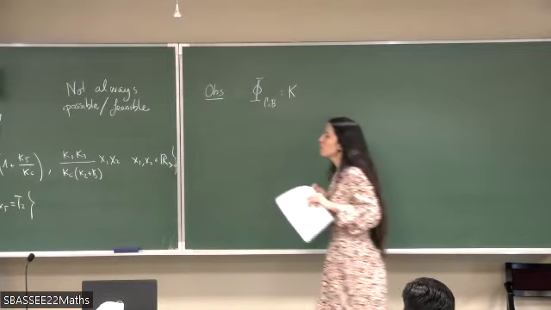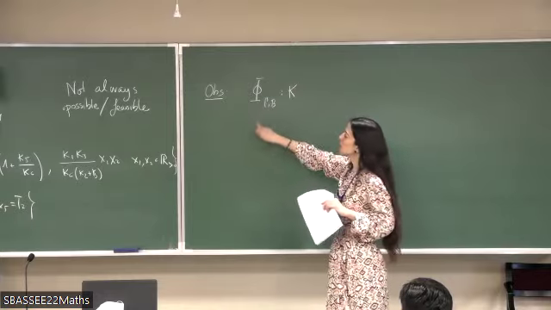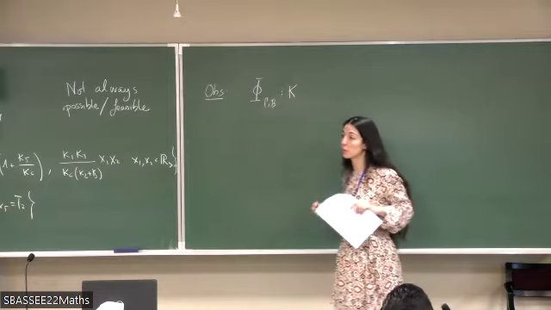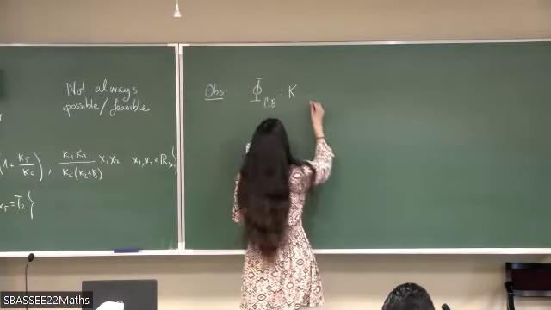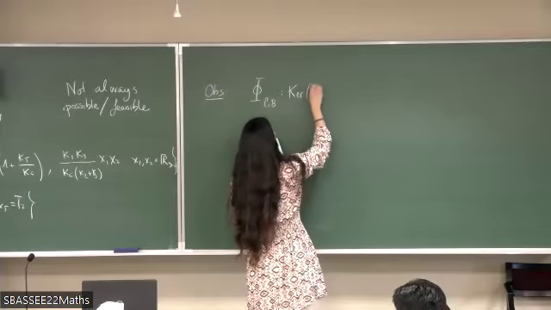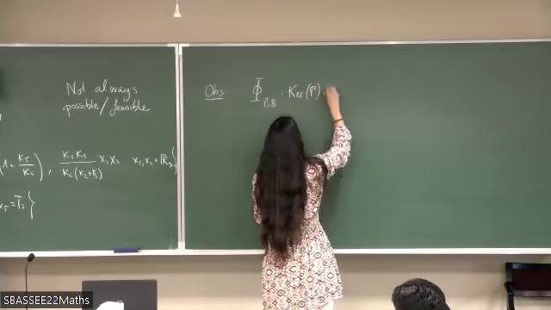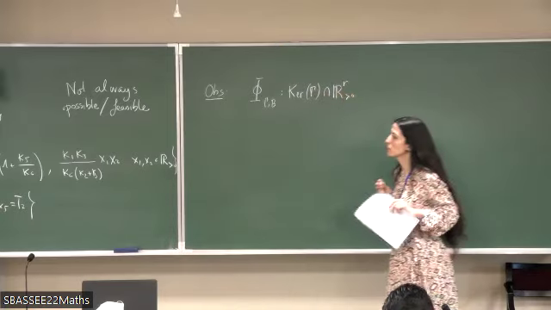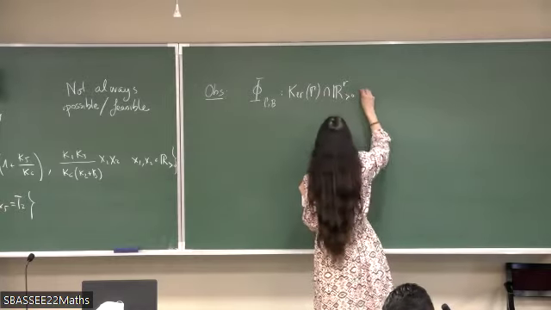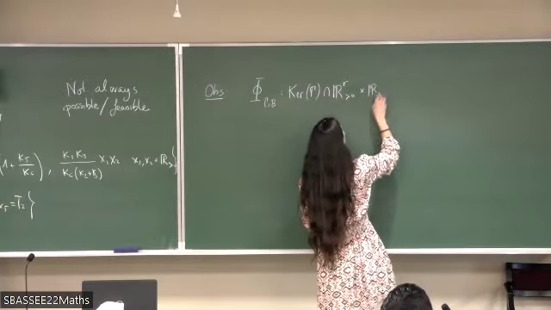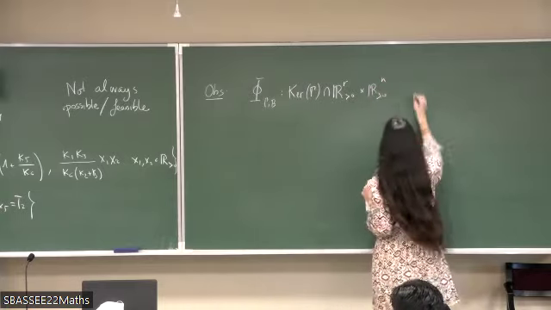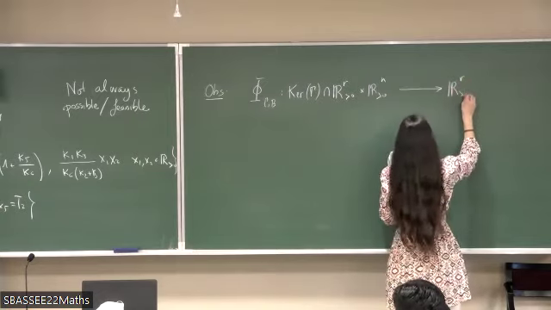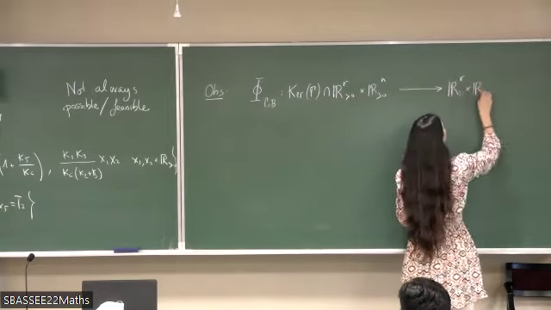We can always construct a map which depends on the stoichiometric matrix and the matrix of exponents. So this pair contains some of the structure of the network. The map goes from the intersection of the kernel of the stoichiometric matrix with the positive orthant times the positive orthant over n to the positive orthant.